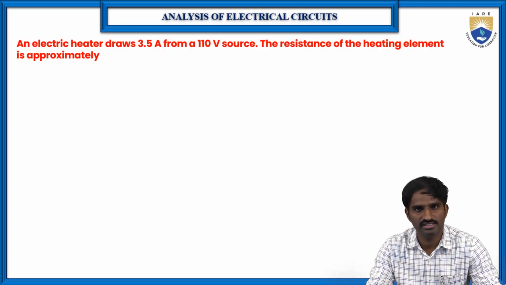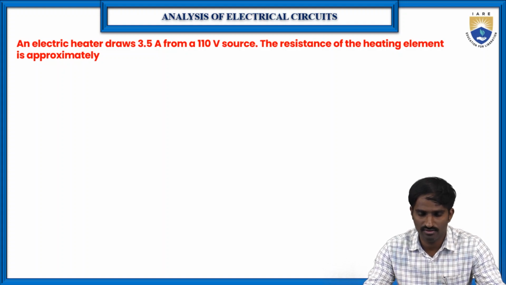So anyway, let us consider a resistive load. So what is the approximate resistance of the heating element, so that it can draw a current of 3.5 amperes from a 110 volt source?